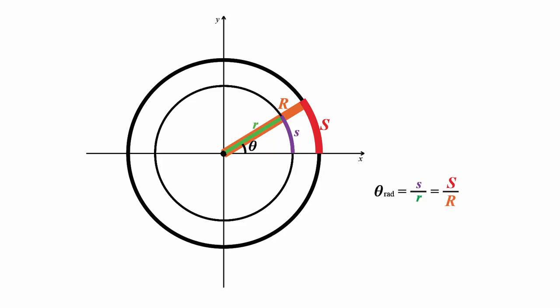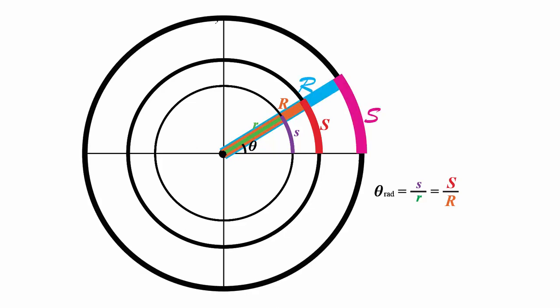If we make an even larger circle and compare S and R, we yet again get the same ratio. S over R is the same no matter what sized circle we have, and so we can use this ratio of S and R to define the angle theta.